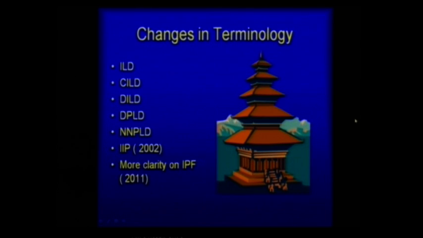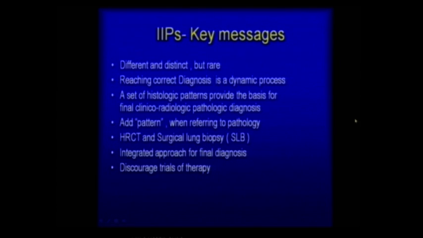And also between 2011 and 2013, more clarity appeared regarding the most important disease amongst it, called idiopathic pulmonary fibrosis, as well as idiopathic non-specific interstitial pneumonia. So, now we are going to speak about a group of diseases which are called idiopathic interstitial pneumonias. We have a collection of radiographs belonging to each of these diseases in the department, which we can discuss later.